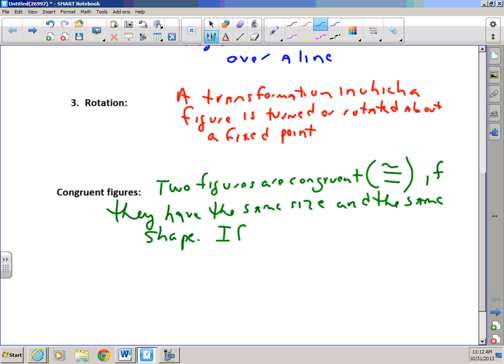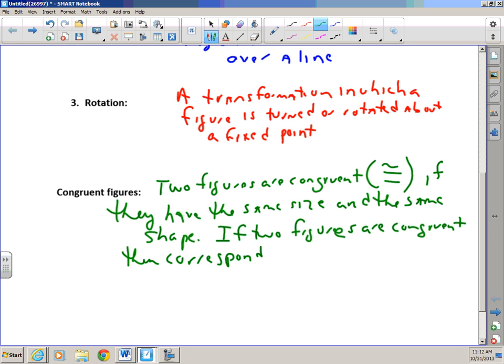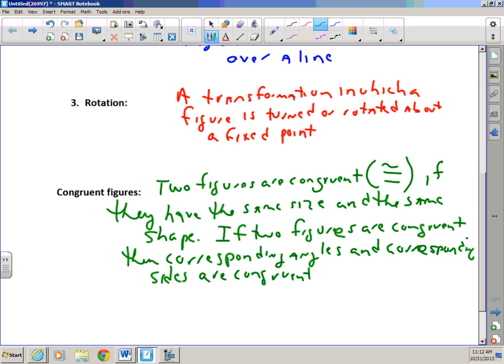If two figures are congruent, then corresponding angles and corresponding sides are congruent. Meaning the angles that match up with each other and the sides that match up with each other are congruent.